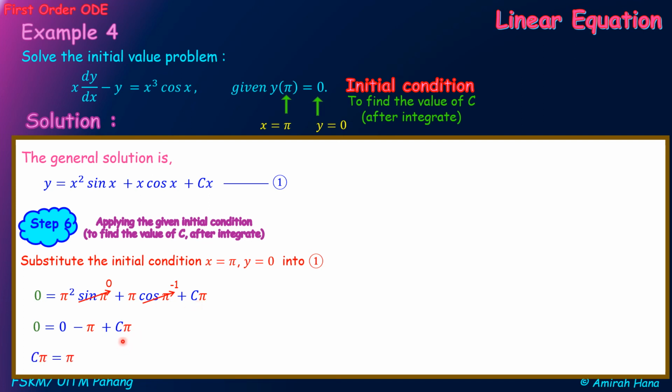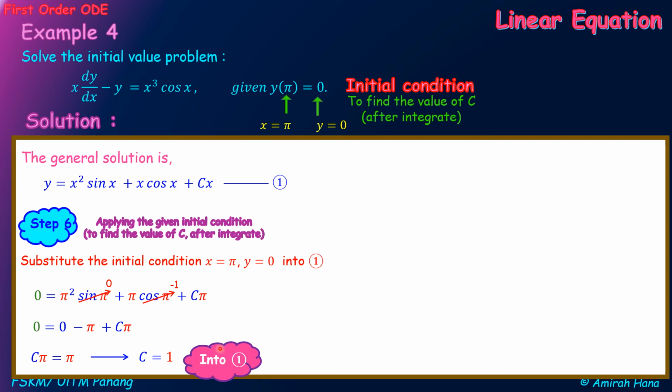Okay? After that, we get c pi equals, we move negative pi here, so we get positive pi. Then, we can find the value of c. Okay? c equals 1 because we can move the multiplication of pi to the right hand side, so we get pi over pi, which equals 1. So, our c now equals 1.